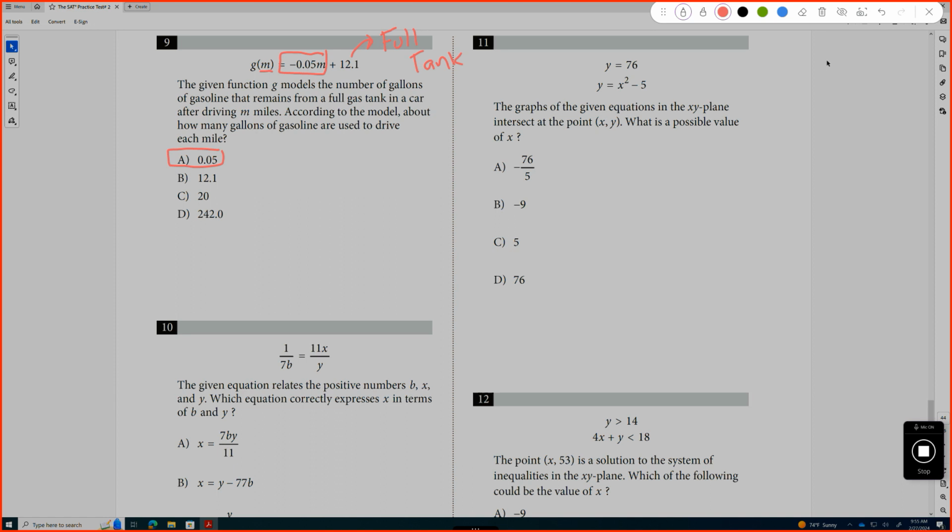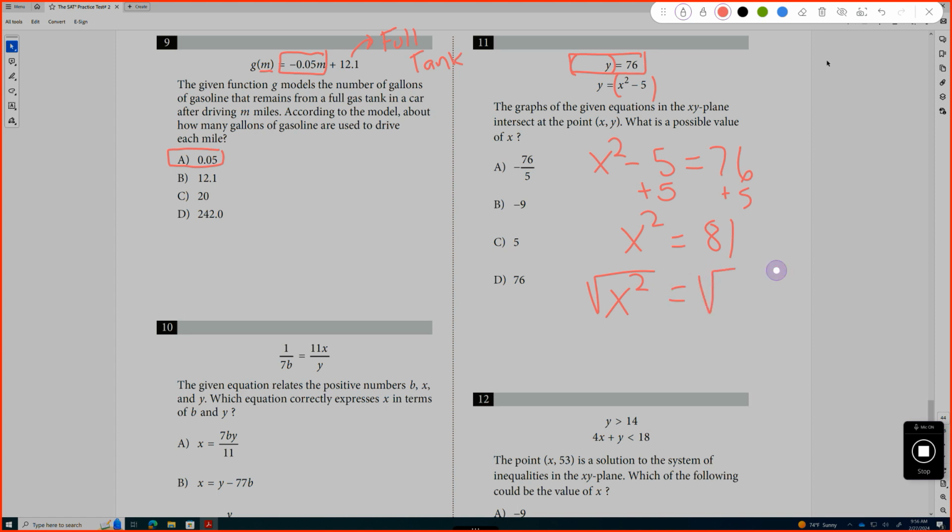So that's 9. Okay, so here we have y equals. We're going to substitute what y is, and we're going to write it on the top. So x squared minus 5 is equal to 76. Let's add 5, sorry. So x squared is equal to 81. How do we solve for x when x has a square? We need to take the square root, because the opposite of the square is the square root.